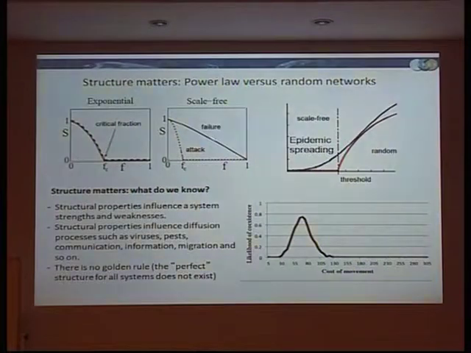At the same time, we can see an epidemic spreading on 2 different types of network. The scale-free, in this case, is blue, and the random has a threshold. So it means that in a random network, the epidemic has to reach a certain amount of nodes before it starts to be a real epidemic.